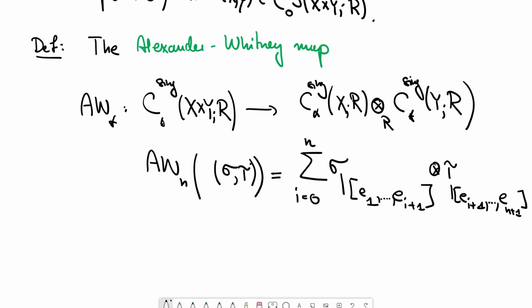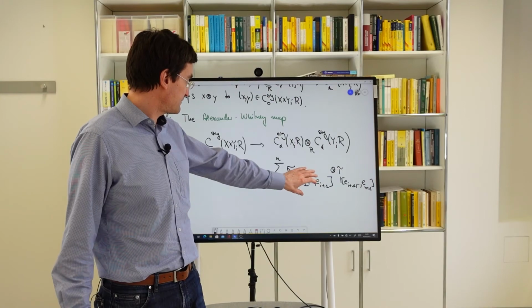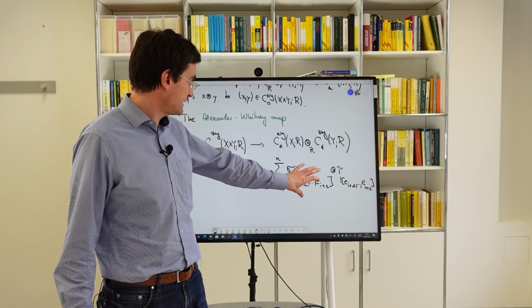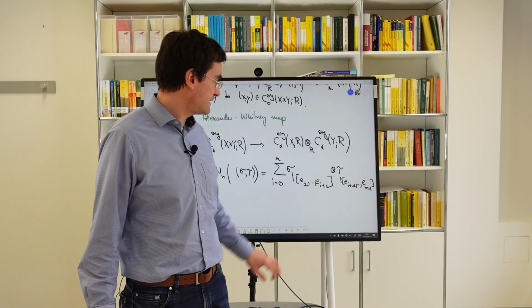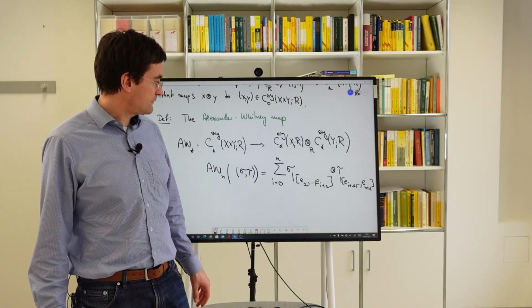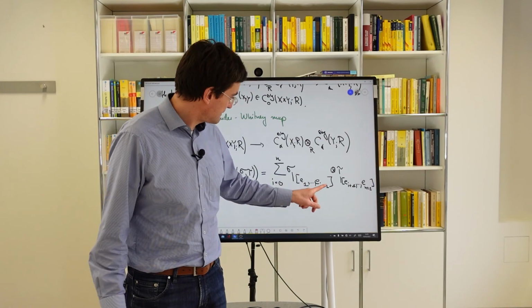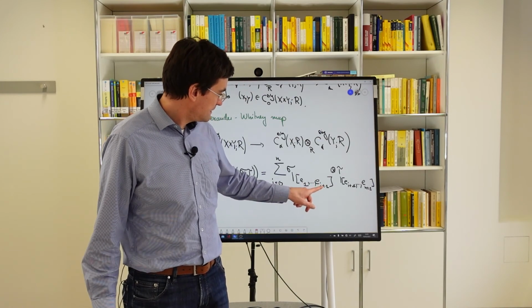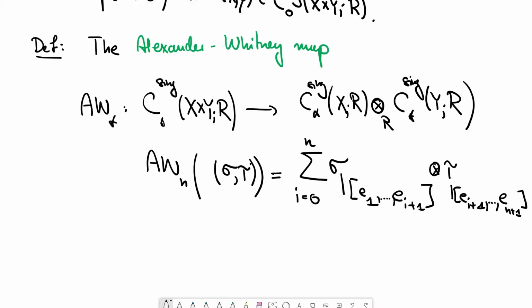Notice that sigma and tau are singular n-simplices. And now what you have here is an i-simplex tensor an (n minus i)-simplex. And what's also important about the formula is that e_{i+1} gets repeated here. So that's not a typo. It's not e_{i+2}, it's really e_{i+1}.